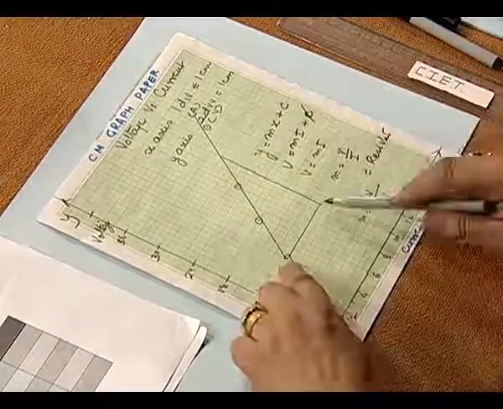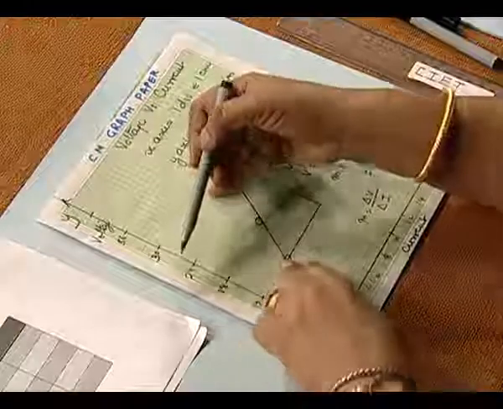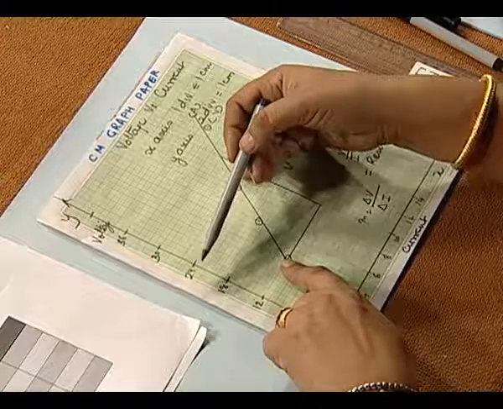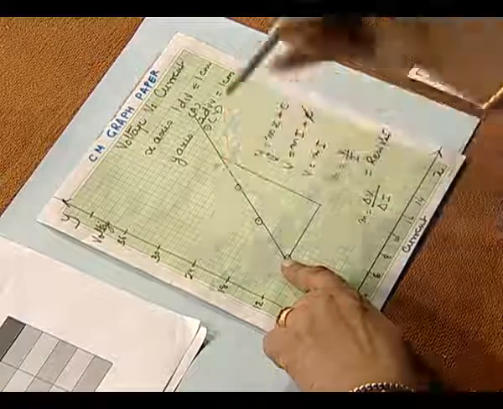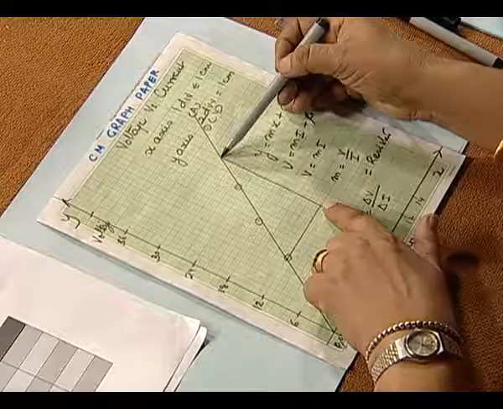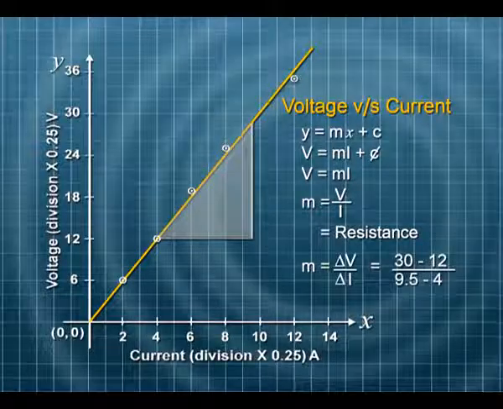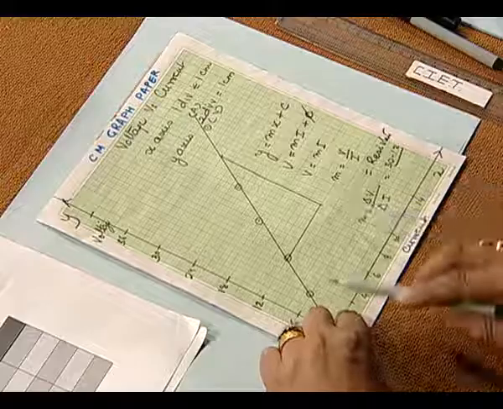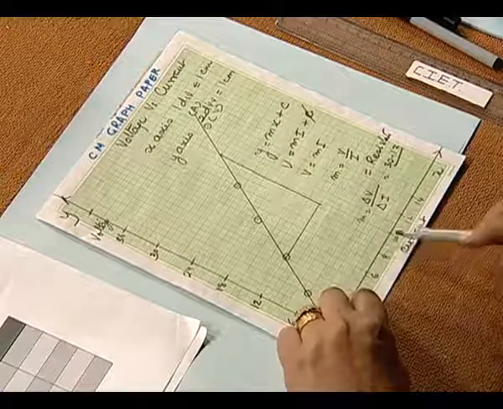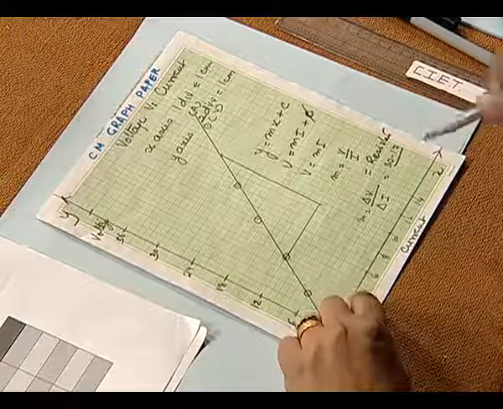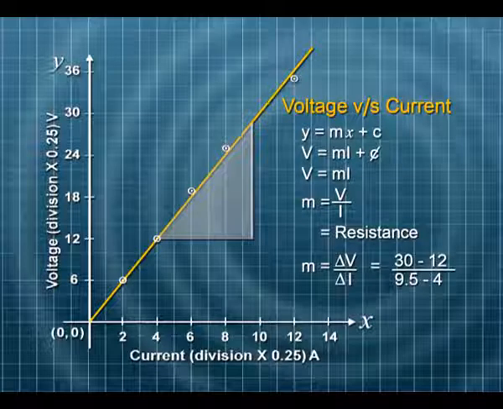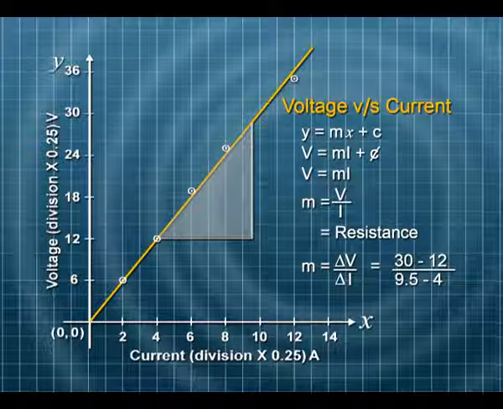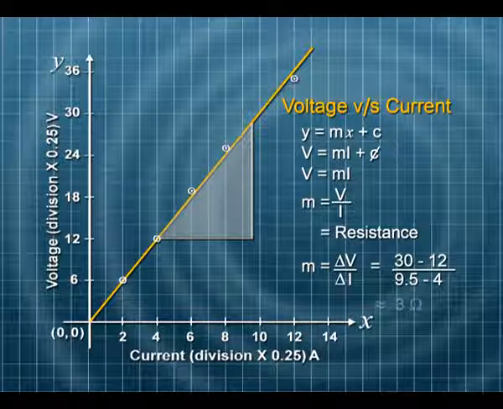If you were to read this value of variation, you should keep the scale in mind and what it is representing, which was not the case in a graph for math. And therefore, when you take this reading, it will be 30 minus 12, which is to show the variation in the y axis, and for the other side it is 4 and this is some 9.5. So, 9.5 minus 4, and this calculation will give you approximately 3 ohms value.